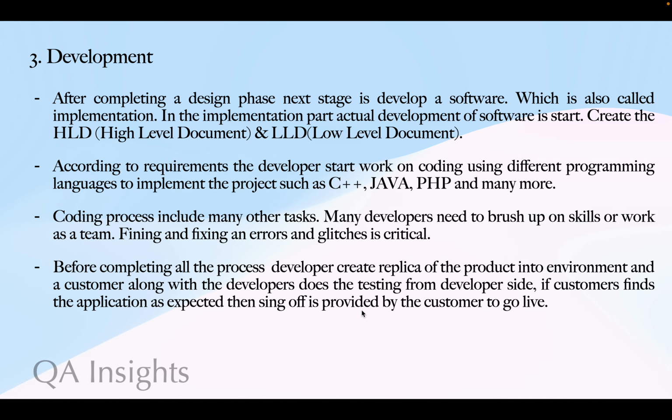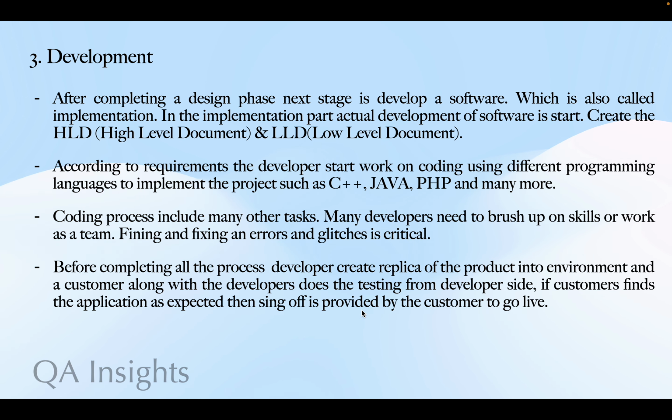They include all the requirements and how they are going to start with different programming languages such as C++, Java, HTML, or anything else. They are all included in this documentation.